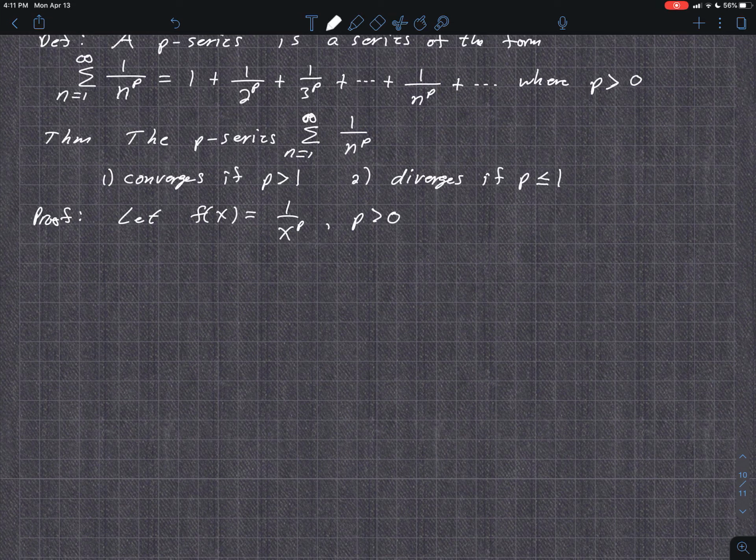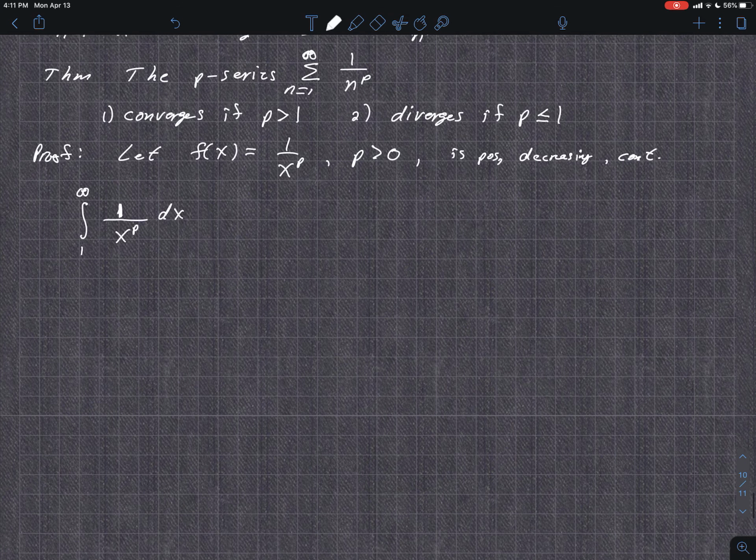I want to just show you what the integral does. Look up some of the details in the book. I'll just state it right here: it is positive, decreasing, and continuous. You do want to look at this case pretty closely, though. This gives you some understanding of why the series converges or diverges.